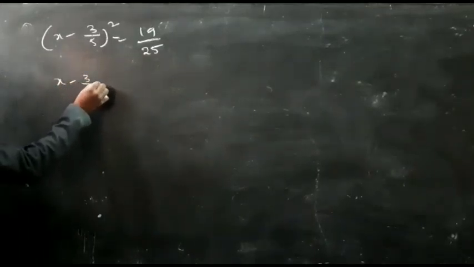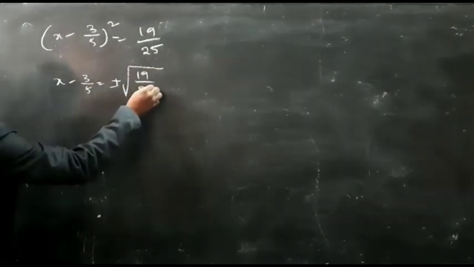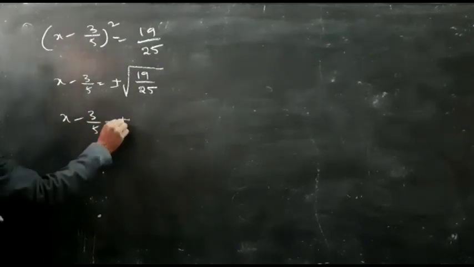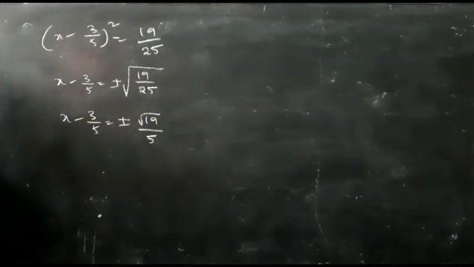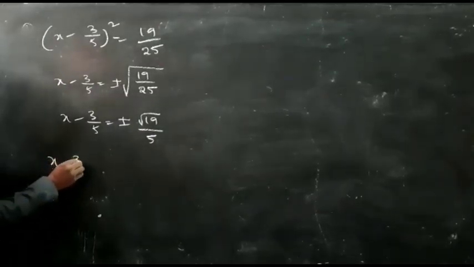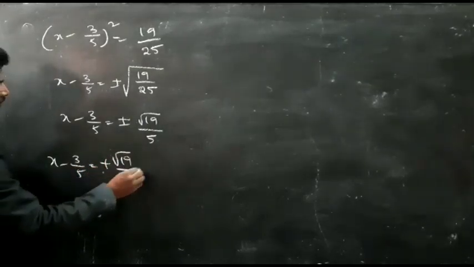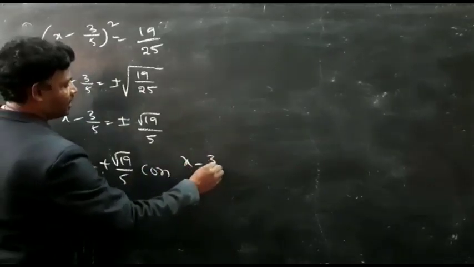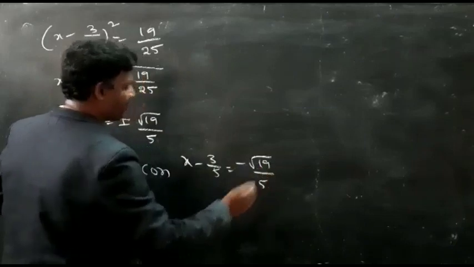x minus 3 by 5 is equal to plus or minus under root of 19 by 25. So x minus 3 by 5 is equal to plus or minus root 19 by 5. Why? Because the square root of 25 is nothing but 5. Then after, x minus 3 by 5 is equal to plus root 19 by 5, or x minus 3 by 5 is equal to minus root 19 by 5.